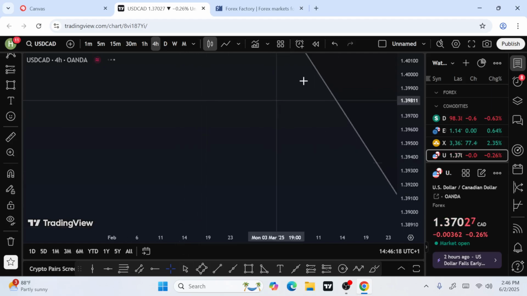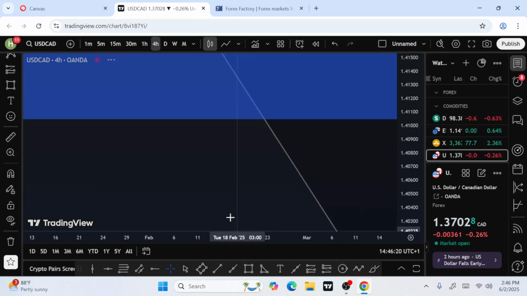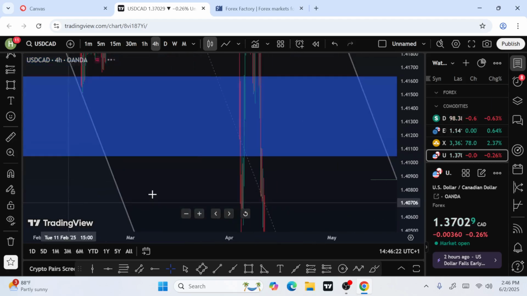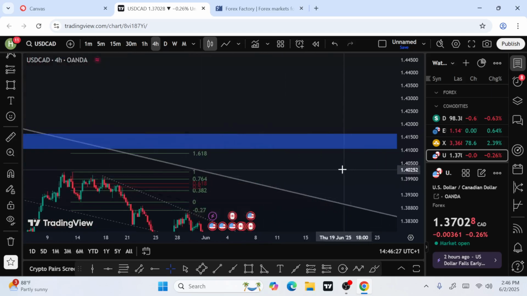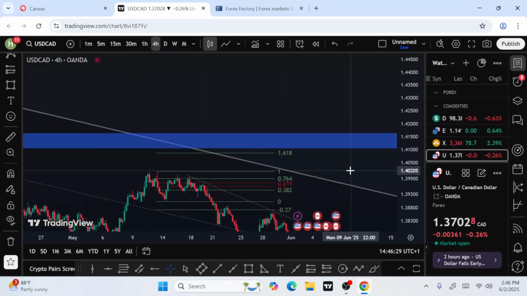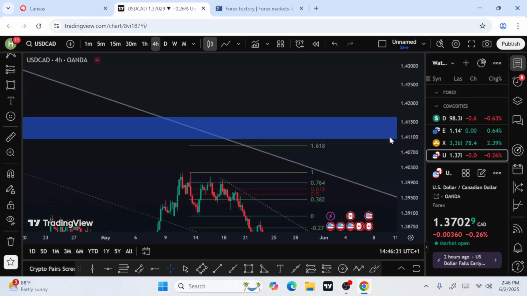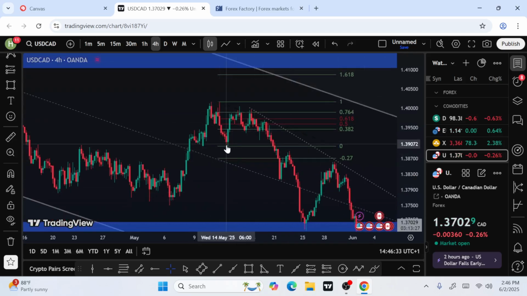Now, see your 4 hour. You are waiting for your candlestick pattern to give you a confirmation on your higher time frame.